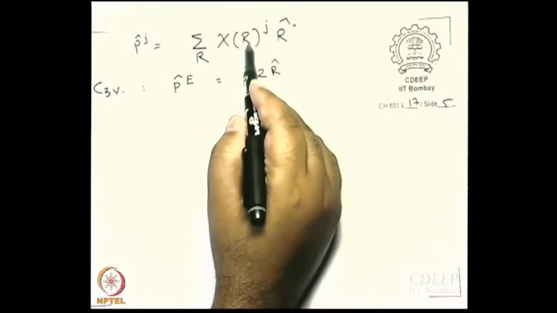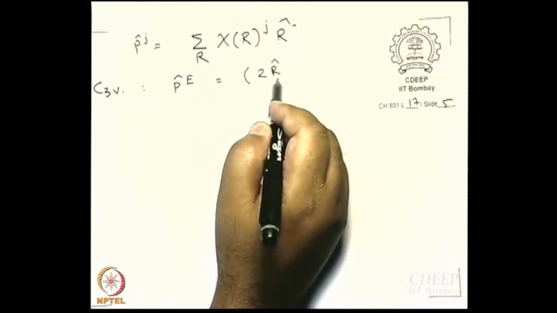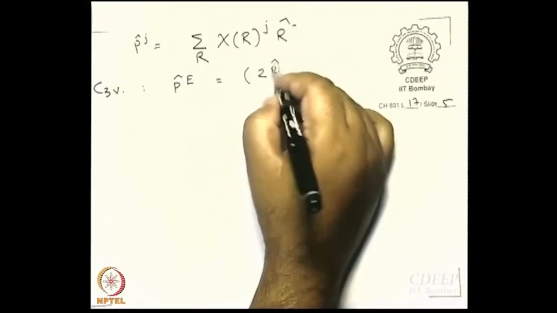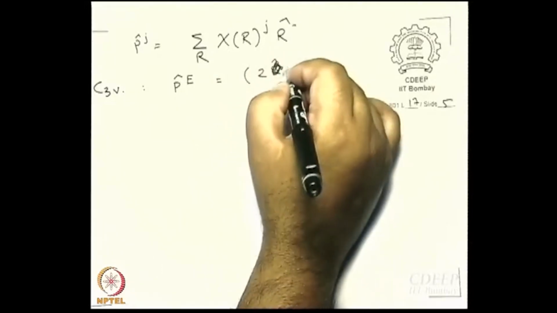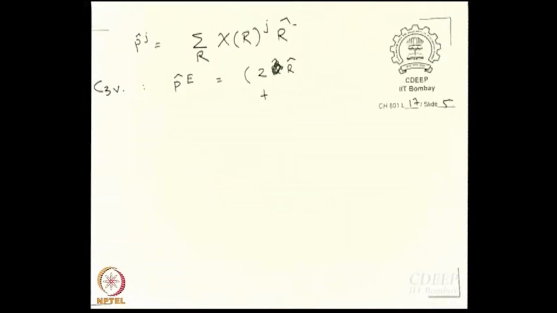Identity in E representation. 2. So instead of chi E in the E representation, I have written 2, right? In fact, I can take the R out also, maybe. No, I cannot. 2R plus, what is the character of the second one?